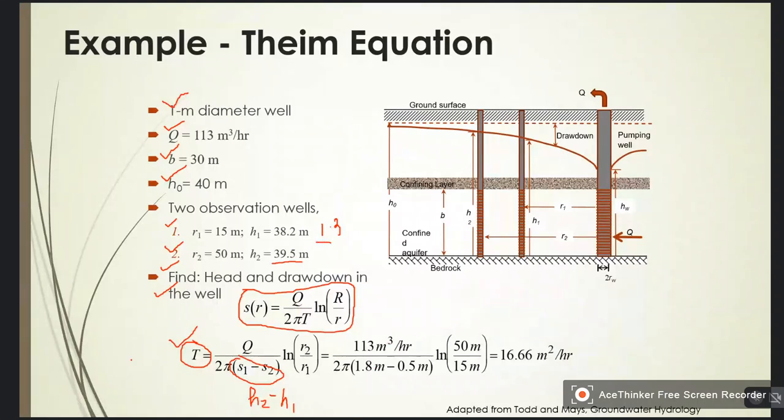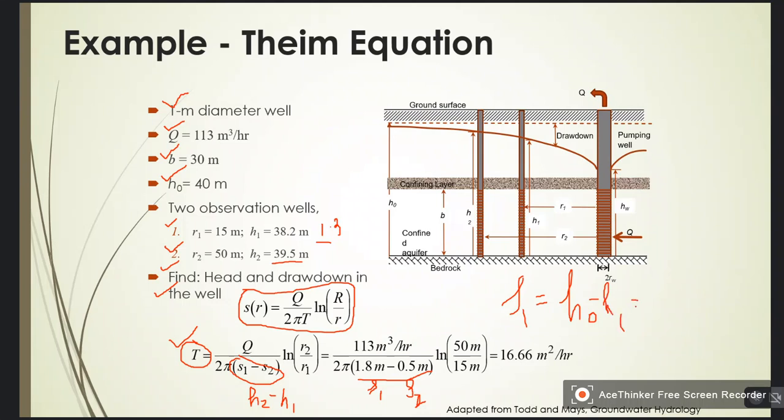Here he has calculated S1 and S2. How has he calculated S1 and S2? By using H naught, sir. S1 is equal to H naught minus H1.